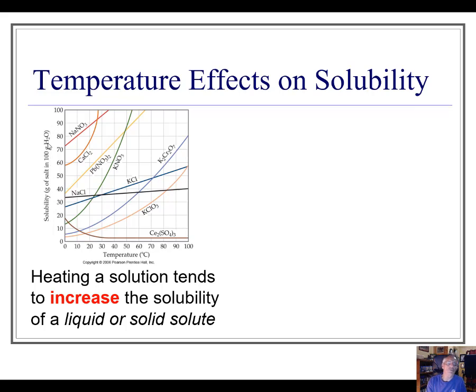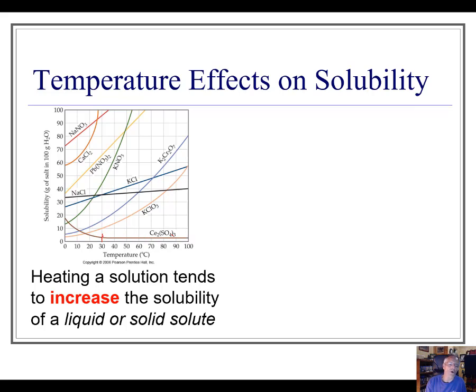So if we take 100 grams of water, and let's say we start out at 30 degrees Celsius, well, we can see this cerium sulfate, it's actually exothermic, and so its solubility goes down as temperature goes up, and it sort of reaches this plateau.